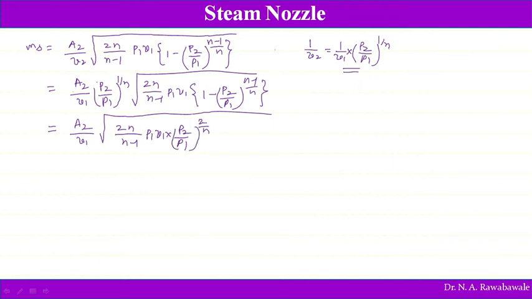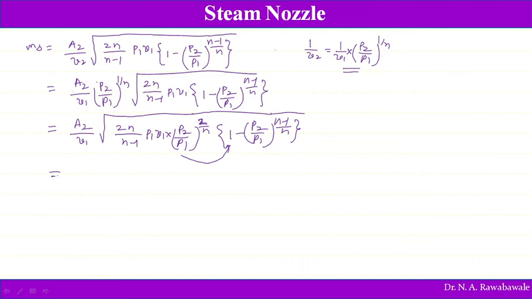So this square and square root get cancelled. When we want to transfer it into the square root, we have to make it square. In another bracket, 1 minus (p2 divided by p1) to the power of n minus 1 divided by n, close this bracket.